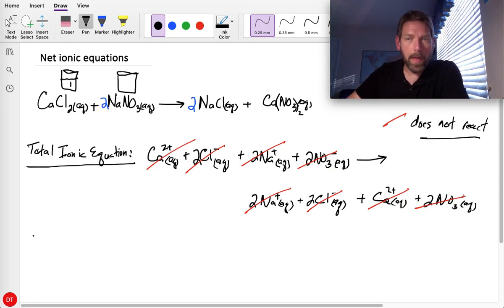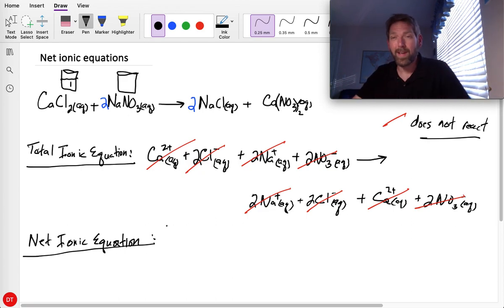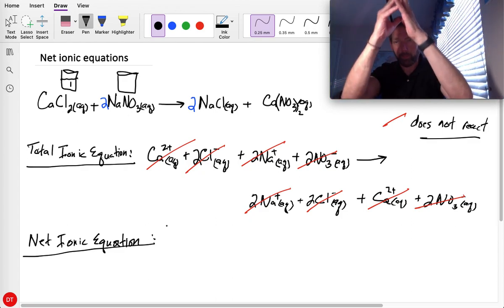So now you write the net ionic equation. I can't spell ionic. So the net ionic equation is what's left over. Well, there's nothing left over that came together to precipitate out.